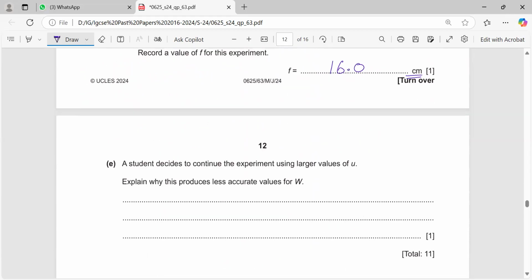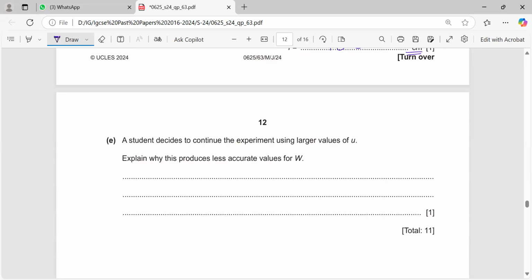Okay. Now, a student decides to continue the experiment using larger values of u. Explain why this procedure produces less accurate values for w. Larger values of u mean greater distance between the position of the object and the lens.